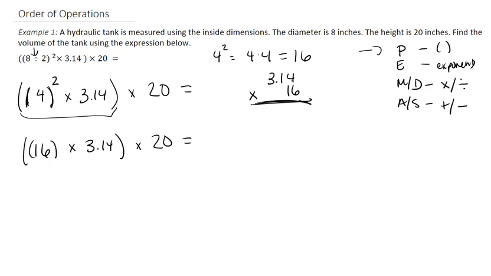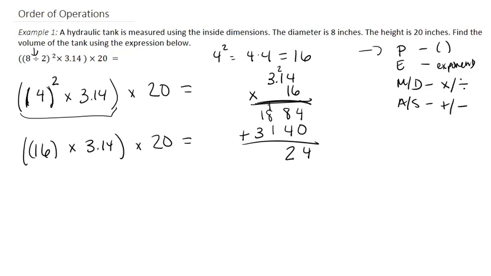So now we can go 4 times 6, which is 24. So put a 4 below, carry the 2. 6 times 1 is 6, plus 2 is 8. Then 6 times 3 is 18. Then we put a placeholder of 0. 1 times 4 is 4. 1 times 1 is 1. 1 times 3 is 3. Then we add: 4 plus 0, 4. 8 plus 4 is 12.